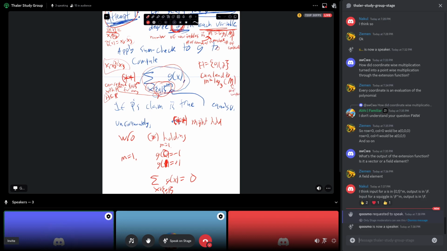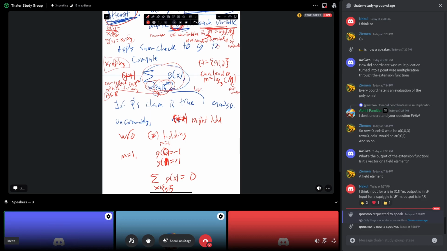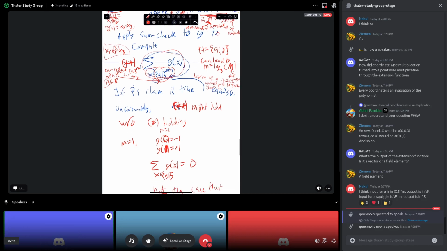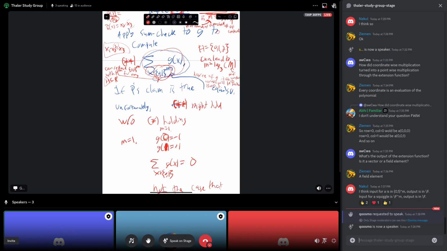And so you get fewer variables, but the degree of g in each variable will be 3 rather than 2. So ultimately what that means is, you wind up with fewer rounds because there's one round per variable, so fewer rounds of sum check, but a higher degree polynomial sent in each round. So like a degree 3 rather than degree 2 polynomial sent in each round.